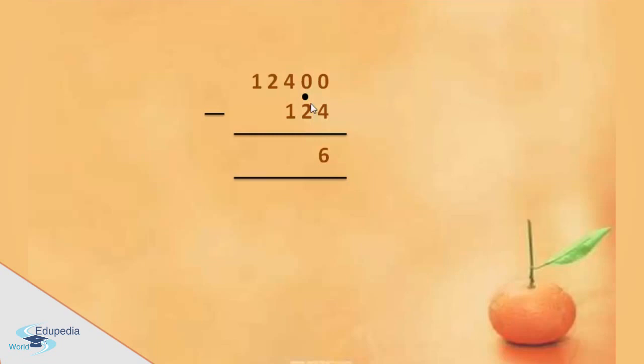Now again, if you compare, here 0 is less than 3, so again you have to put a dot on the top of the number 1, which is in front of the number 2. So by putting the dot and by taking the complement of 3 with 10, you will get 7.